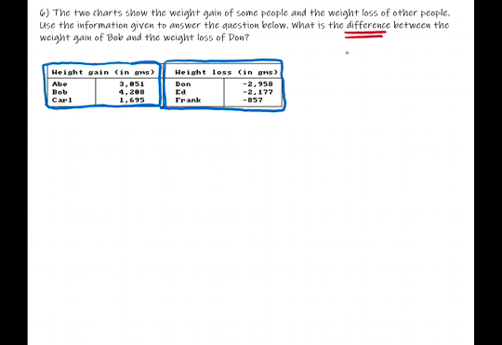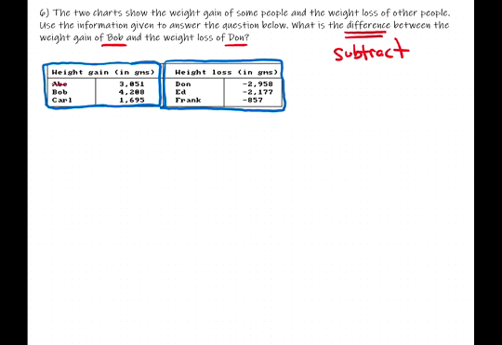And difference means subtract. The difference between two things is the distance between them, or how far apart they are, and mathematically, difference means subtract. So we're basically taking Bob, and we're taking Don, and we're subtracting the two.